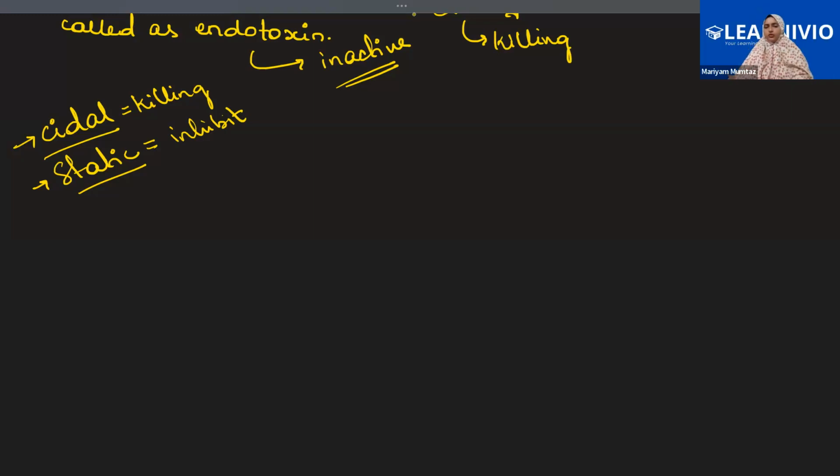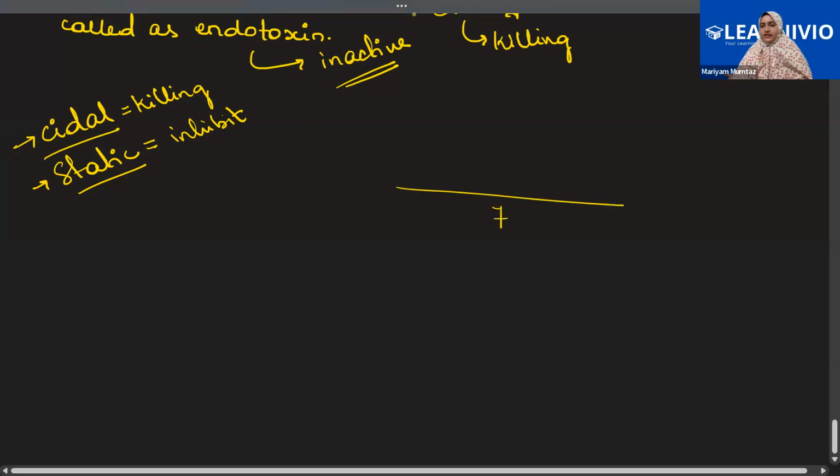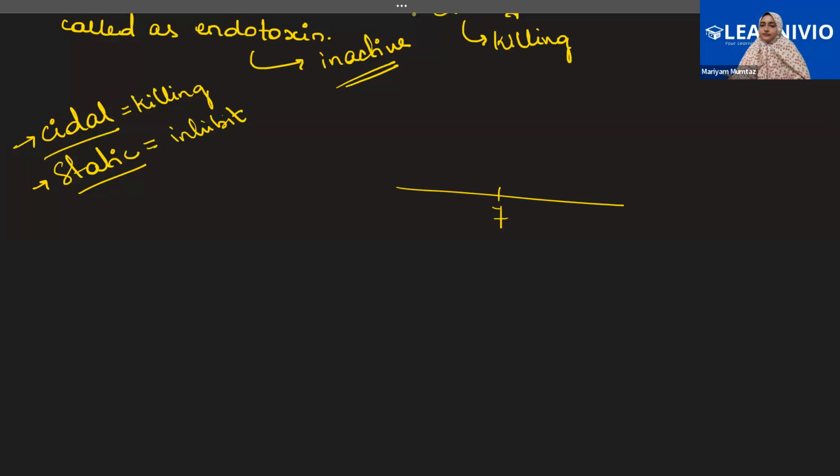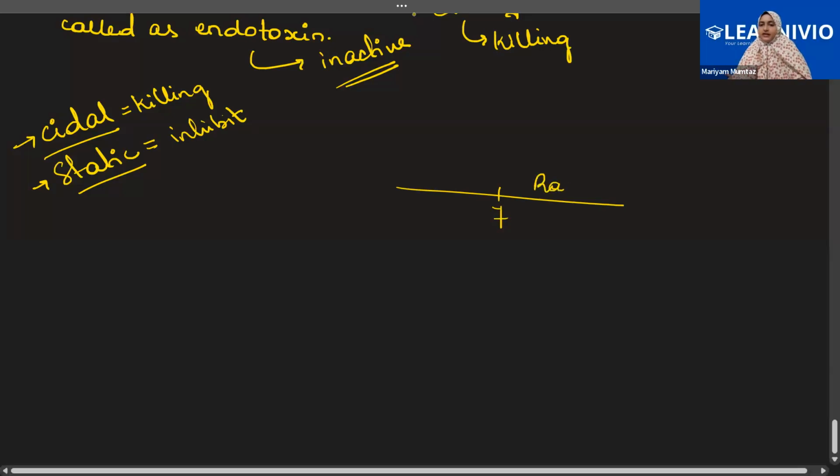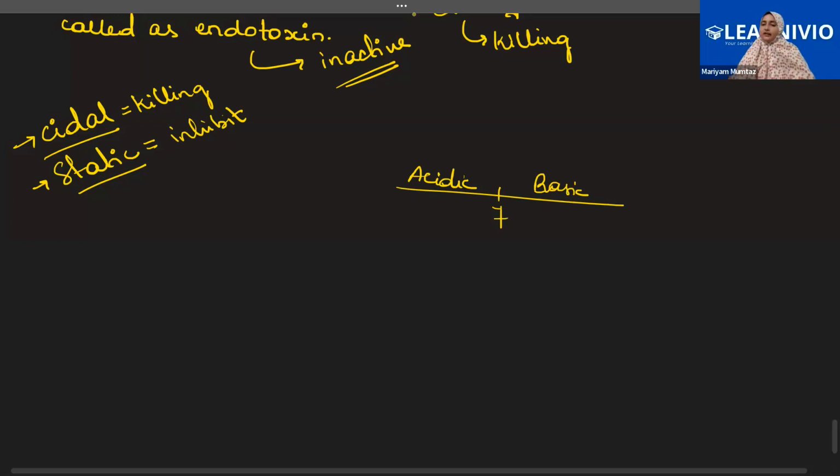Now I think you know that there is pH 7. Anything above the level of 7 is what? Is it basic or acidic? Basic. Right. Very good. And anything below the level of 7 is acidic. So for any kind of medium, if it is basic, that means it is alkaline, meaning it has a pH greater than 7.